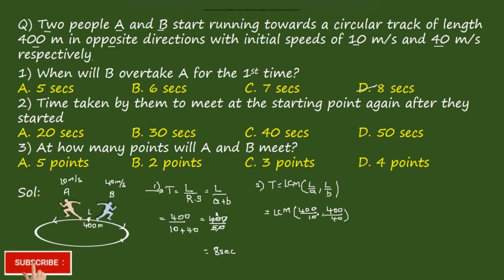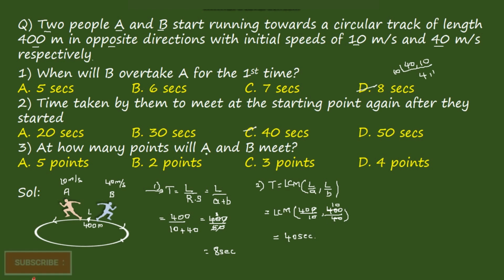Right, the 0 gets cancelled here, it becomes 10. So we have to find the LCM of 40 and 10. Just find the value of the LCM. It goes by 10, it becomes 4 and 1, right? So the LCM is 40 seconds. So the answer is option C.